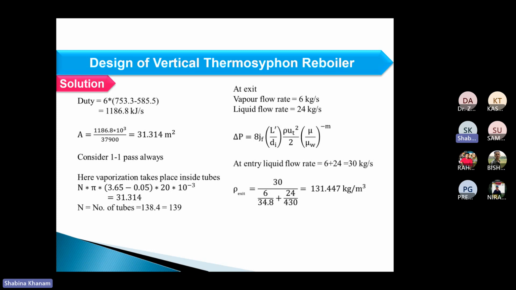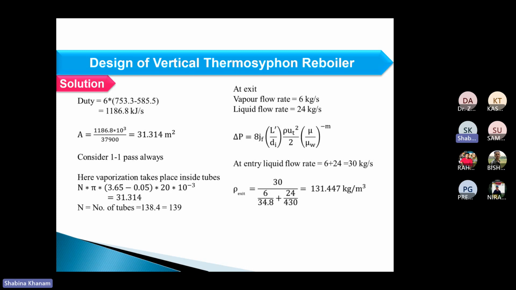Before, we used to assume overall heat transfer coefficient, then we calculate the area, but here you cannot assume it, because you cannot calculate overall heat transfer coefficient until you maintain the recirculation ratio, and to maintain the recirculation ratio the desired number of tubes are required.